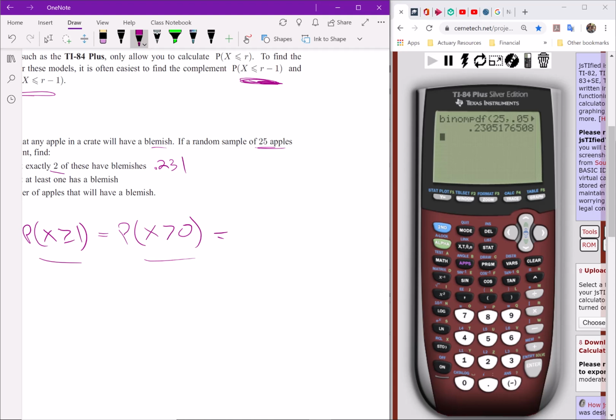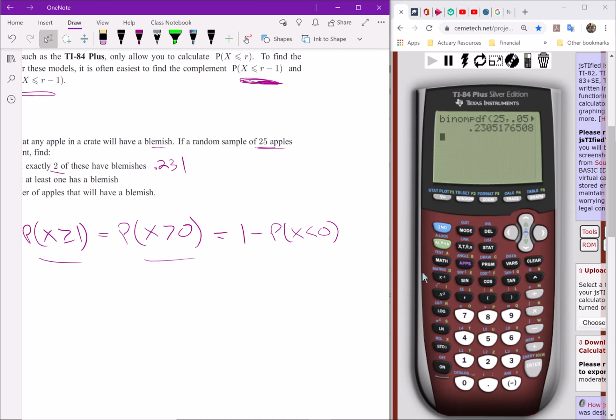So these two are actually the same, and that's going to be the same as 1 minus the probability that x is less than 1. Because you can just flip this over.